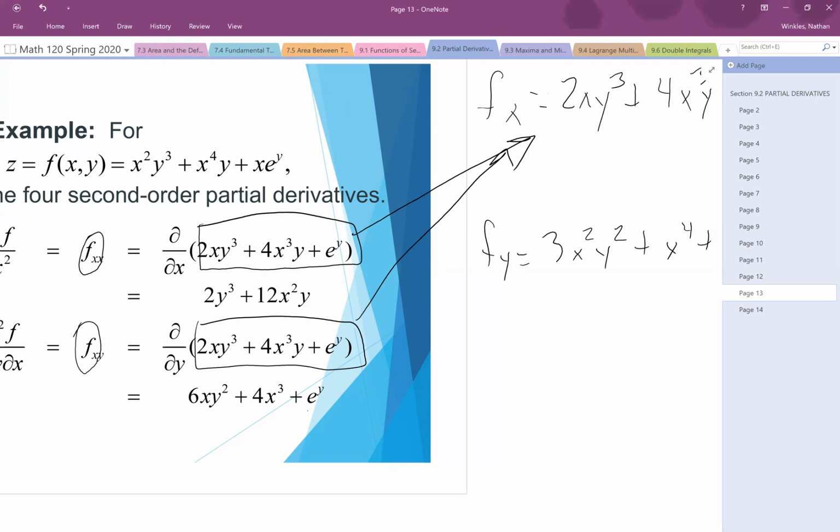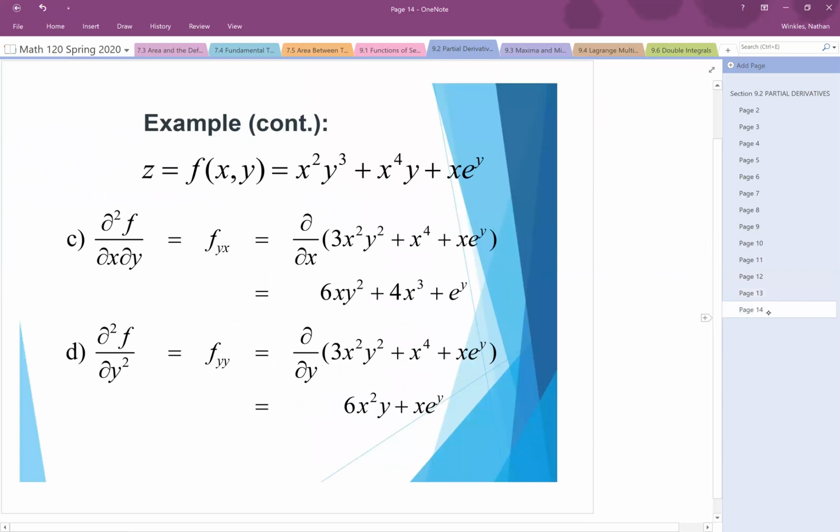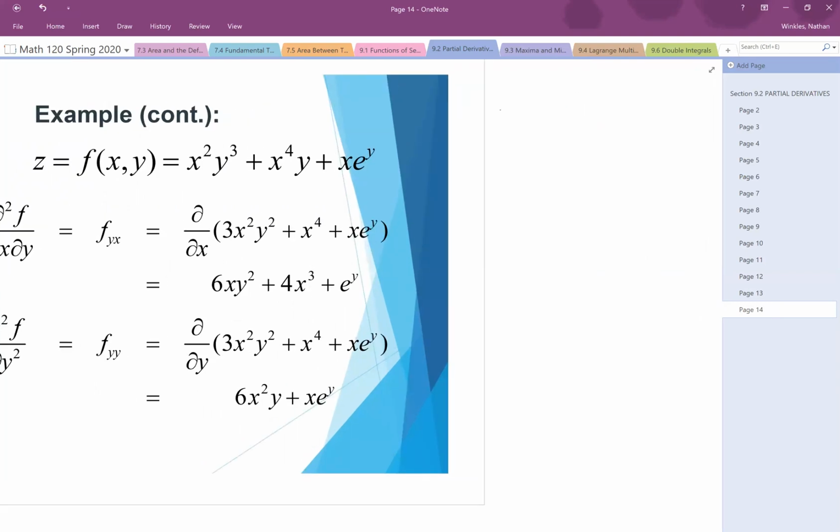Going to our second order with respect to y first. So again, I'll refresh us that f sub y is 3x squared y squared plus x to the fourth plus x e to the y.